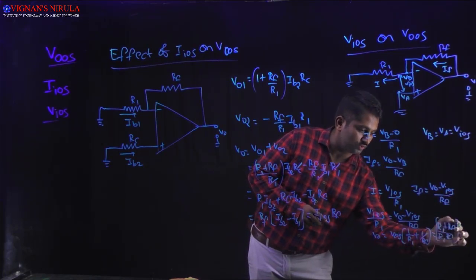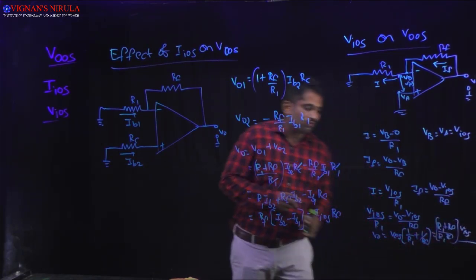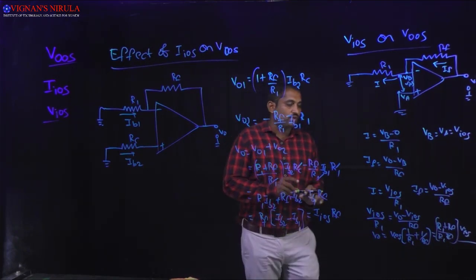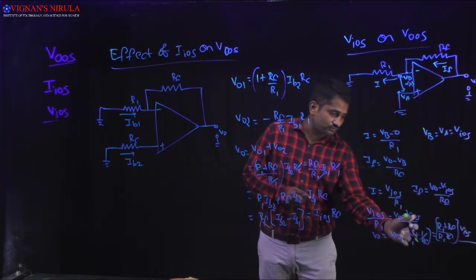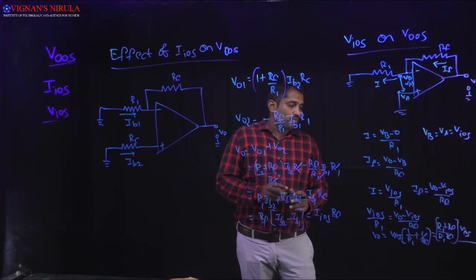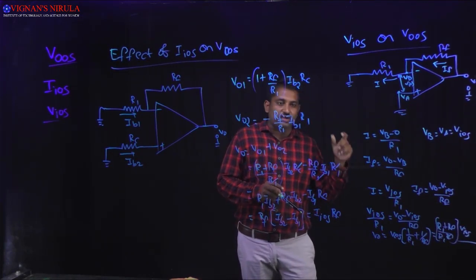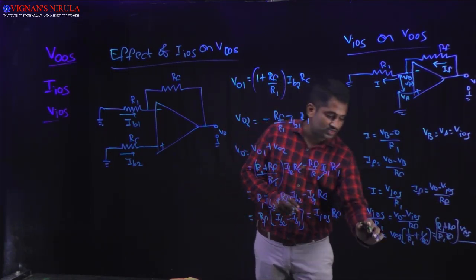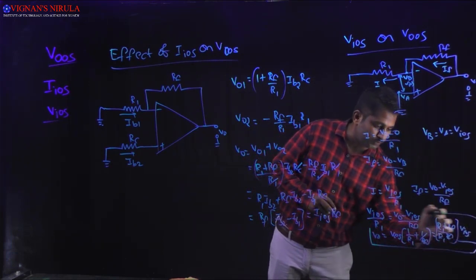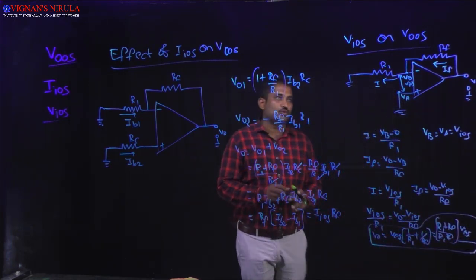So V0 is equal to R1 plus RF by R1 RF into VIOS. This is the effect of input offset voltage on output voltage.